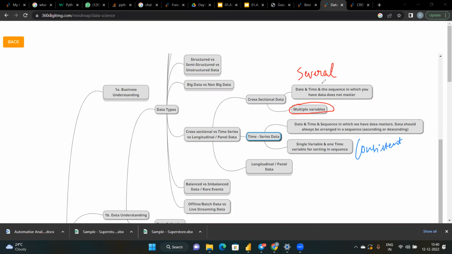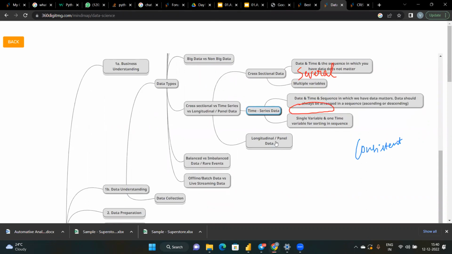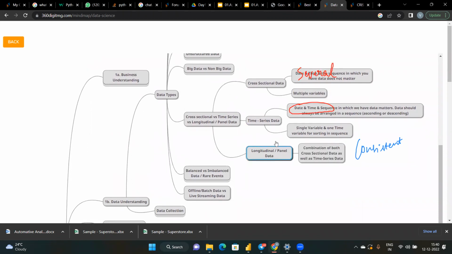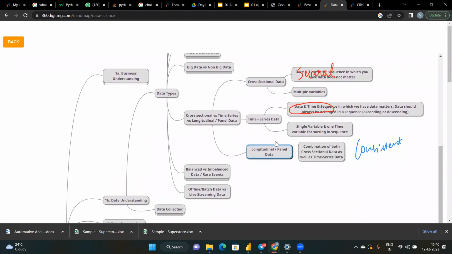Okay, so this is, let me say, pooled data. Pooled data is a combination of both time series and cross-sectional data. I'm going to explain that under longitudinal data. So we have seen time series, and now we are going to see longitudinal, a combination of both. I said, right, pooled data.